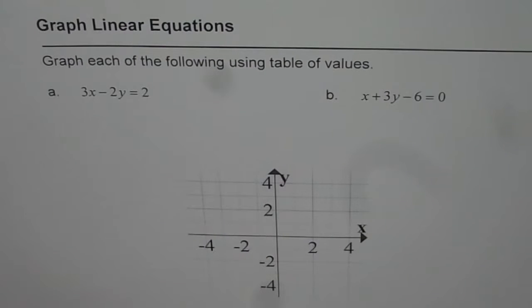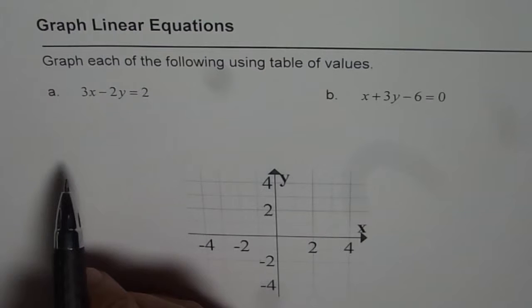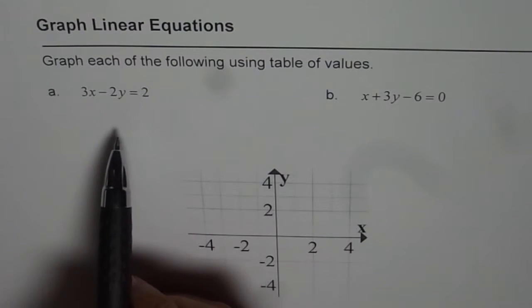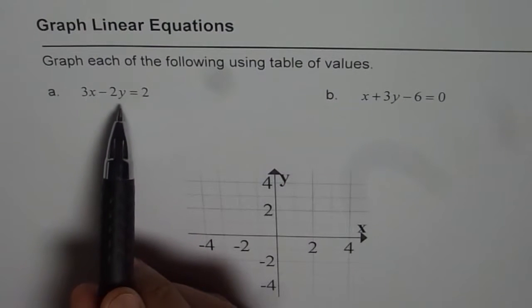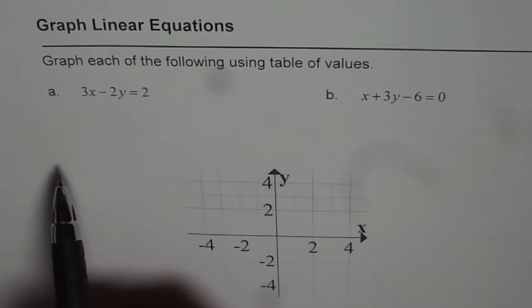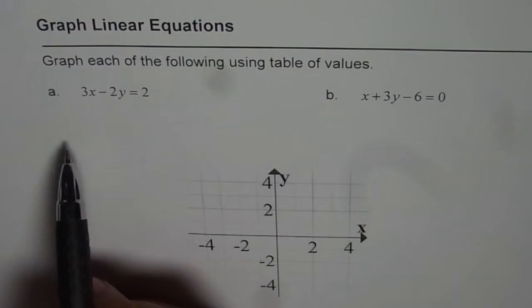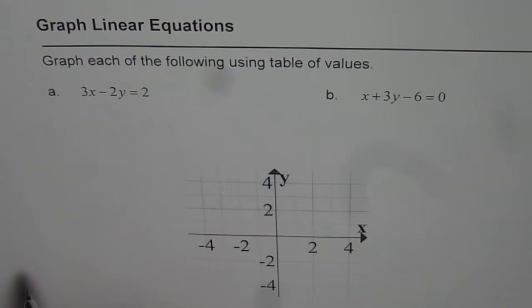In this particular case, we are given an equation where the terms are mixed up. To graph, it is a good idea that we isolate y. So let's rearrange these equations, isolate y, and then pick up two values. That will help us to graph, right?